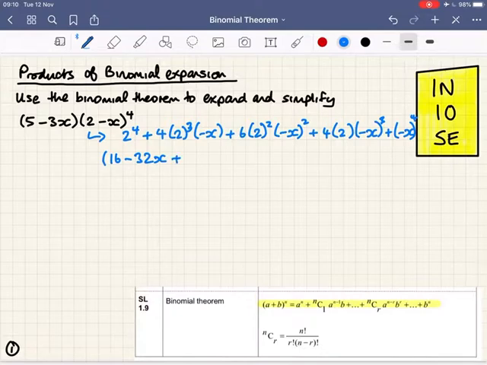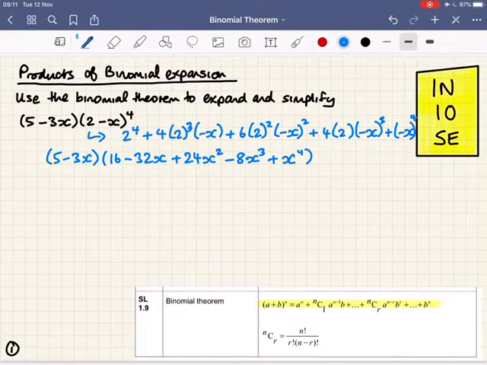So plus 24x squared. Next term, 4 times 2, 8. And of course this will be negative because I'm cubing a negative, minus 8x cubed. And then finally plus x to the power of 4. And I'm multiplying all of that by 5 minus 3x.